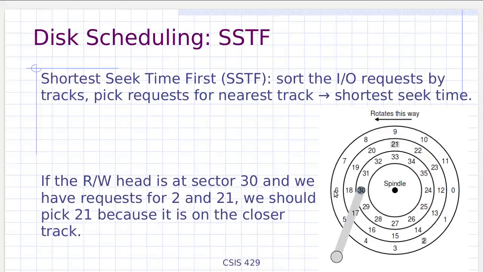So we can do things out of order. Even though we are asked to read 2 and 21, let's say, or write, it doesn't matter, we can reorder these requests so that we do the 21 first and then the 2. That can happen. It used to happen at the kernel level. The kernel used to know about the disk storage pattern geometry and would make these decisions in the kernel itself.